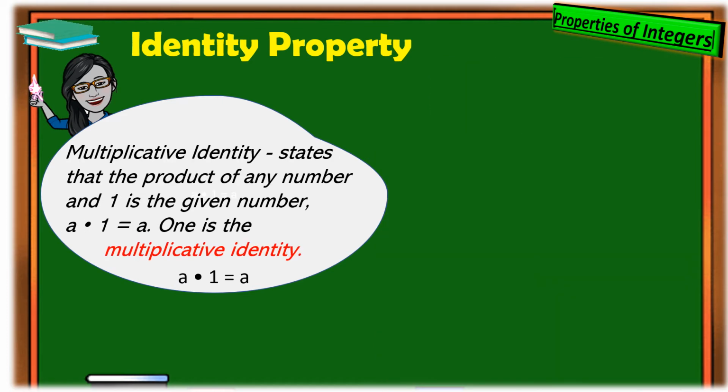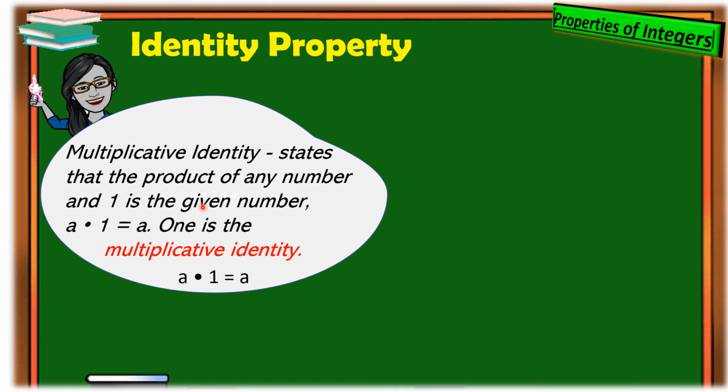Okay? Next is the identity property for multiplication. So, it is multiplicative identity. Okay? It states that the product, this is the answer in multiplication, tama? Of any number and 1 is the given number.